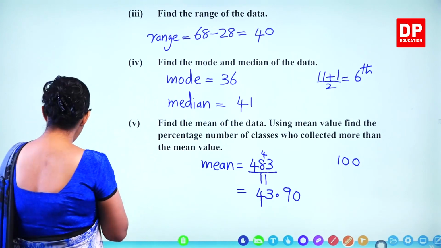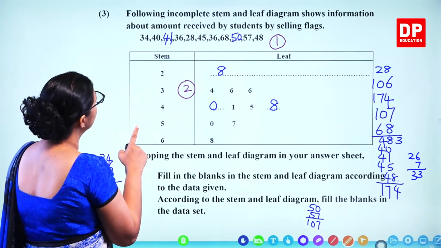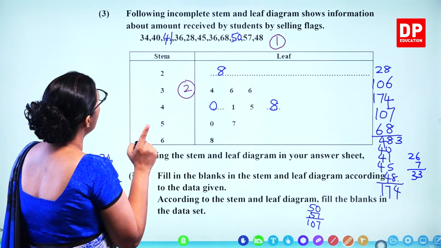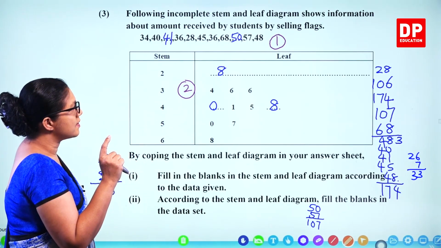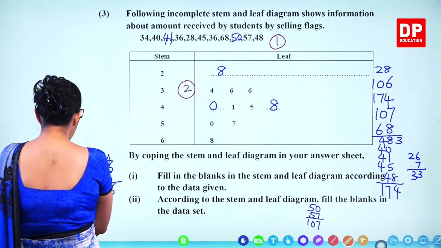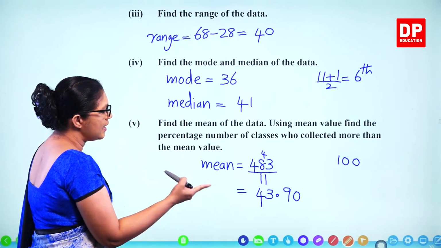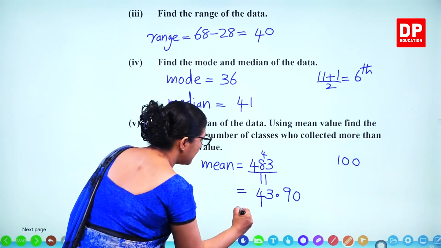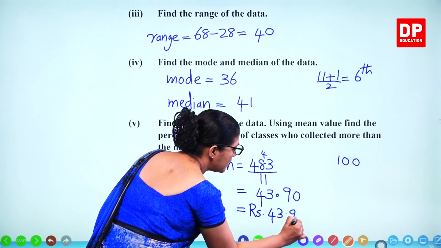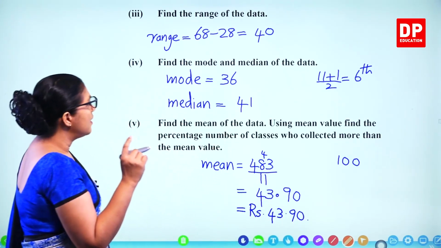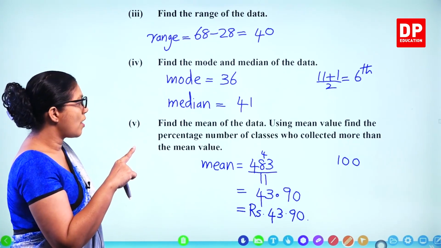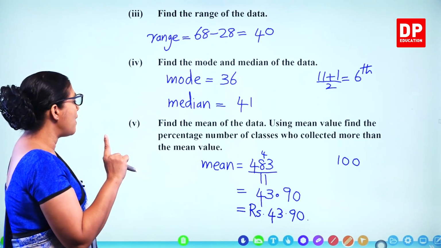This is about the amount received by students, so this is in rupees. 43 rupees and 90 cents.